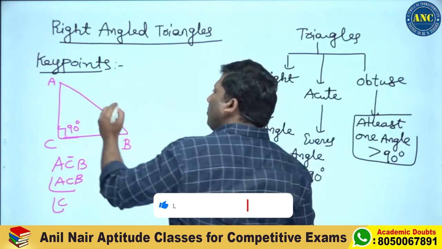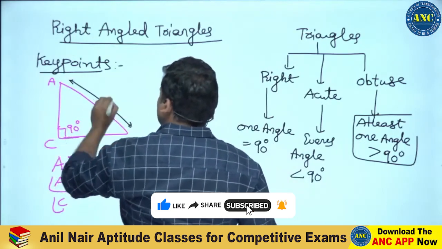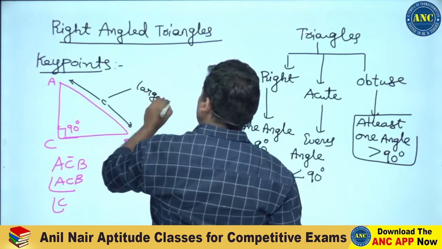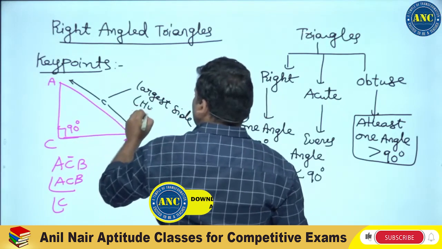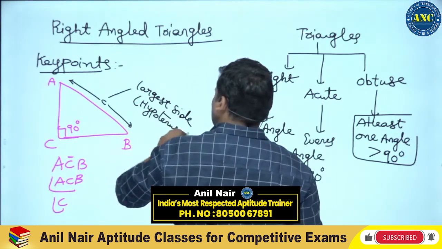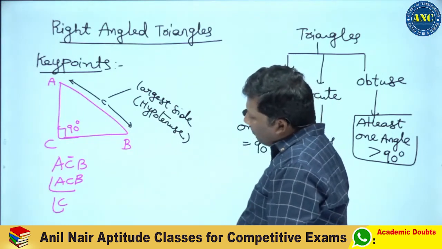The side opposite to 90 degrees is the largest side, which in a right angled triangle we call the hypotenuse. Largest side is called the hypotenuse.